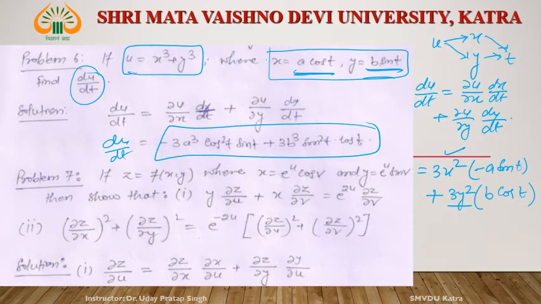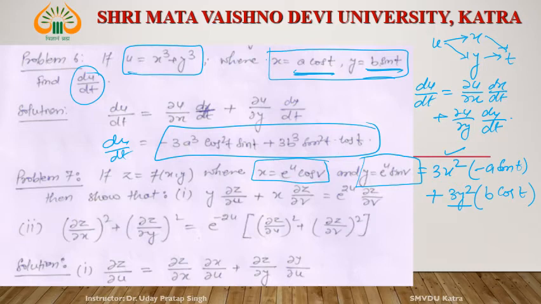See another example. Z is a function of x and y, and x and y are functions of two variables u and v. Then we have to evaluate y del z by del u minus x del z by del v, which is equal to this.